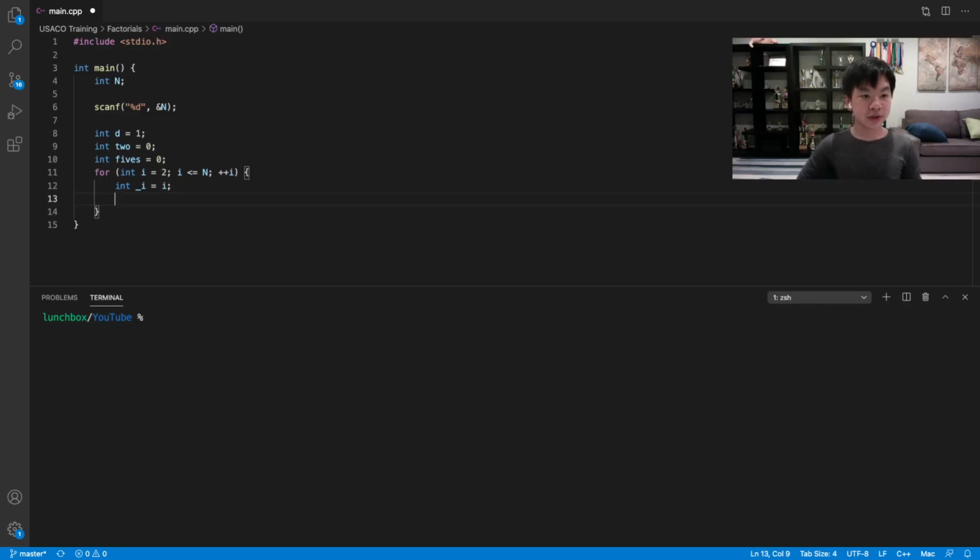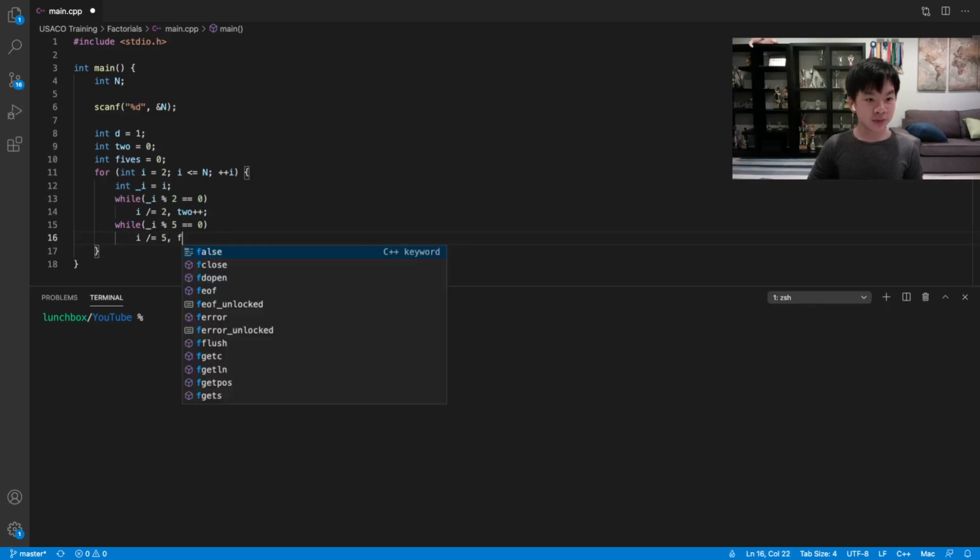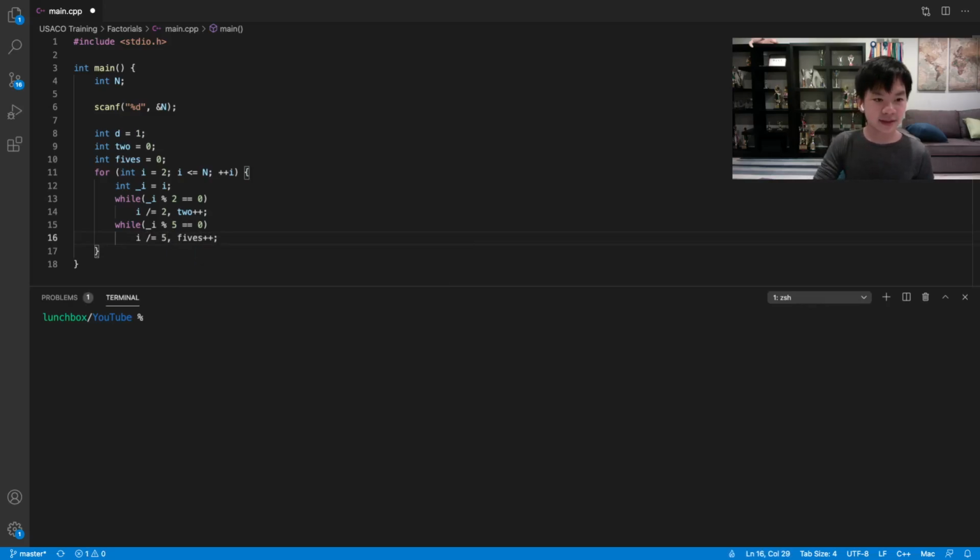Okay, so then we're going to do this while i is divisible by 2. We're going to divide i by 2, and we're going to increment the number of 2's. And again, while i is divisible by 5, we're going to divide it by 5, and we're going to increment the number of 5's. Let's actually call this 2's.